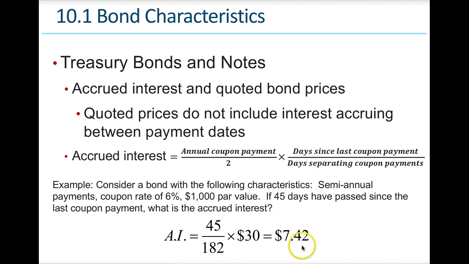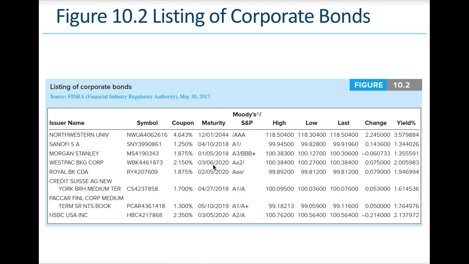So we would see that the accrued interest is $7.42 in this particular example. And this is a semi-annual 6% bond, so 6% times 1,000 is how we get to 60, divided by 2 is how we get to 30. 45 days have passed since the last coupon, and the days separating the periods is 182, which would be semi-annual. And that's how you can figure out the accrued interest there.